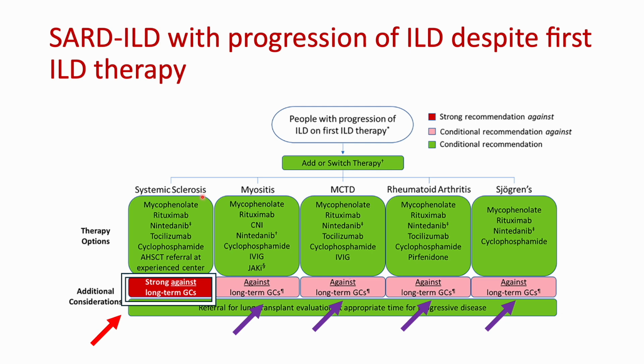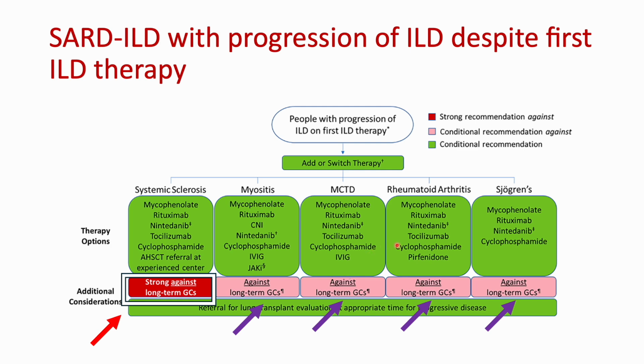They are all the options of therapy at progression. For myositis, the options are the same, except calcineurin inhibitors, IVIG, and JAK inhibitors stay in this group. For MCTD-ILD, again, IVIG is in addition to what systemic sclerosis is offering.